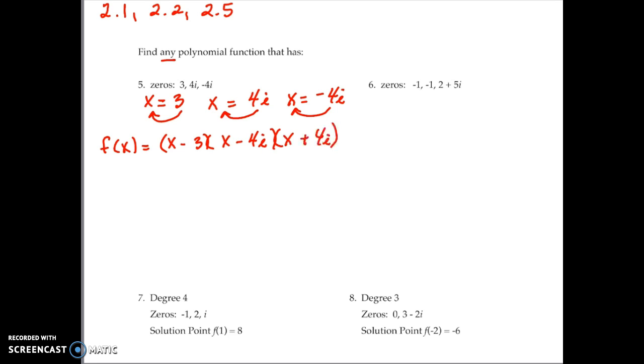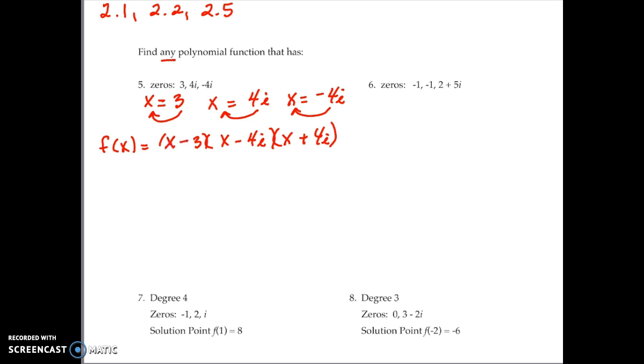If we stop here, we have the linear factorization of the polynomial. Linear factorization meaning that each factor is in linear form. X minus 3 is linear, x minus 4i is linear, and x plus 4i is linear.